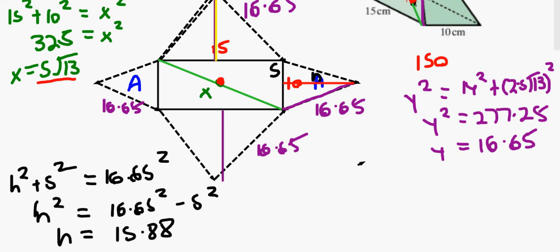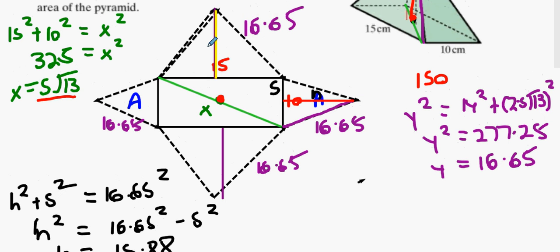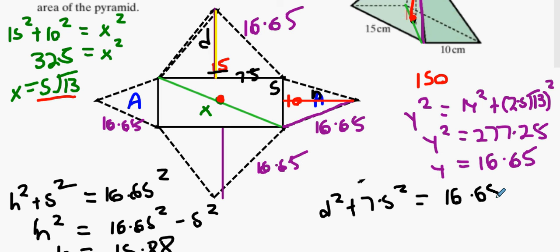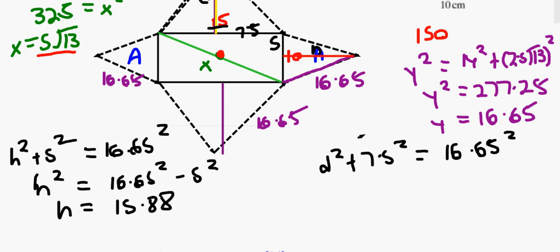Now we're going to figure out what the yellow line is. We'll call this distance d. What's half of 15? So what we're going to do here, d squared plus 7.5 squared equals 16.65 squared. So Charlie, square 16.65, take away 7.5 squared and square root your answer. 14.8.